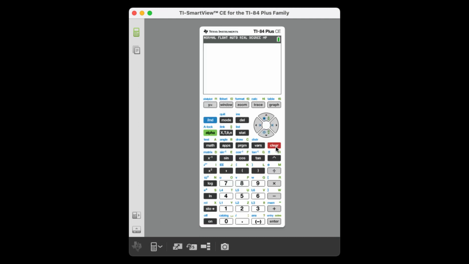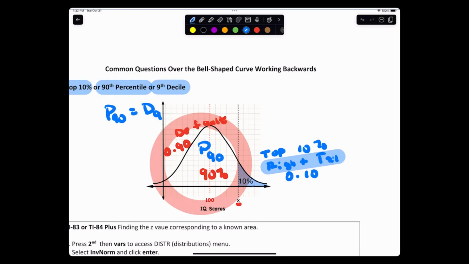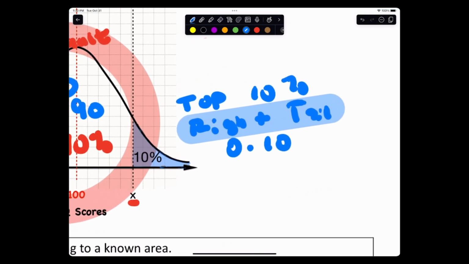Okay, let's clear that out. So, TI, let's do it both ways. Second distribution. What's the function today we learned? Inverse norm. So 10% is 0.10. This is a right tail, so I'm going to go all the way to the right and hit enter. Double check, 10% right tail. That's what I'm doing.